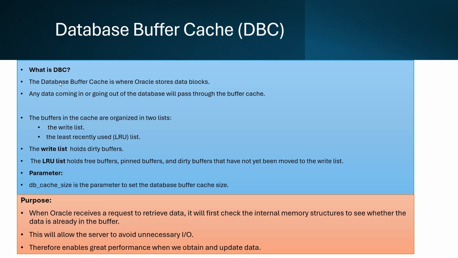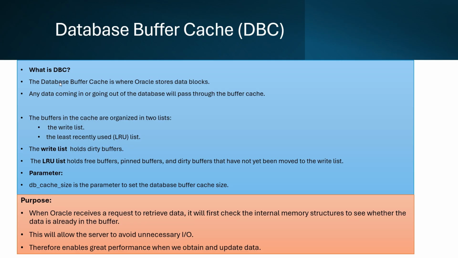Whenever the Oracle server process receives a request, it will first check the buffer memory, the internal memory. If it is not there, then it will go to the data file, read, and get the data blocks into the buffer.